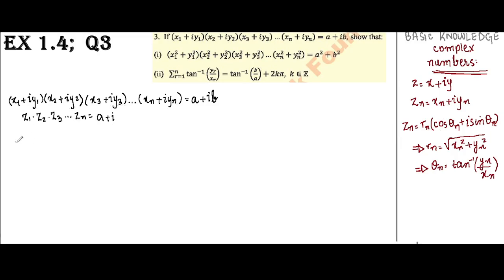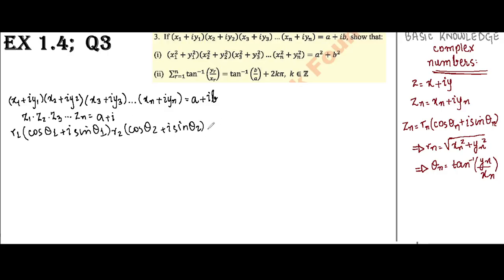So now we have Z1 can also be written as R1 into cos theta 1 plus iota sine theta 1. Now Z2 is R2 into the same value with theta 2 over here, so cos theta 2 plus iota sine theta 2.